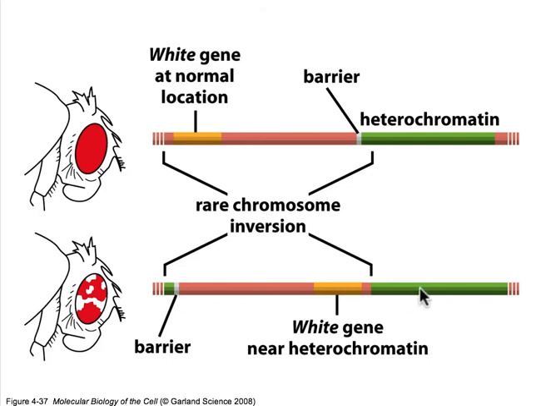In some cells, the heterochromatin starts migrating towards the left into the white gene, inactivating the white gene, and this causes those segments of the eyes of the fly to be white. This indicates clearly that heterochromatin is dynamic in its nature and can spread to neighboring regions of the chromosome unless prevented by special barriers made of special interactions between other proteins.